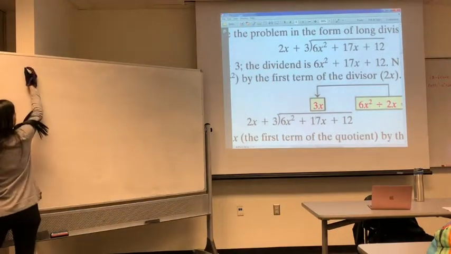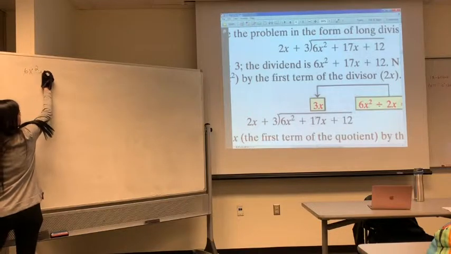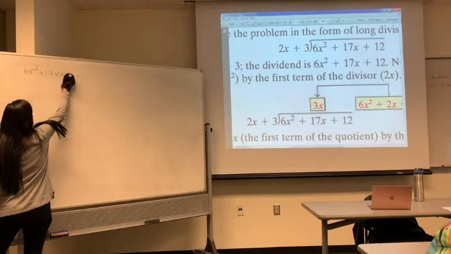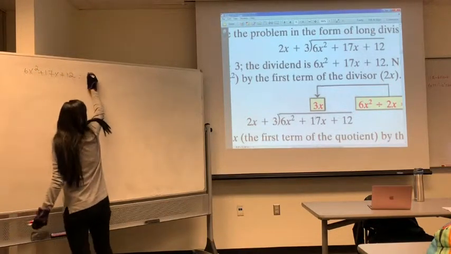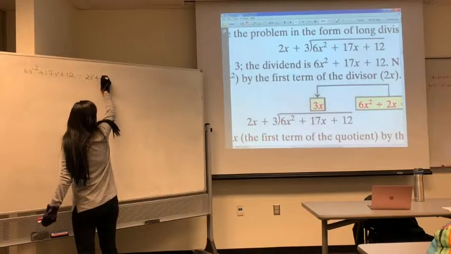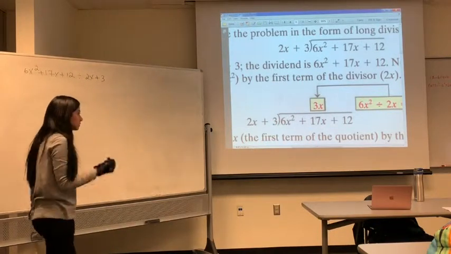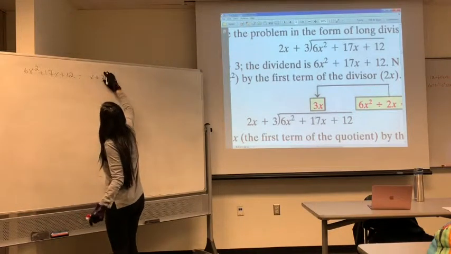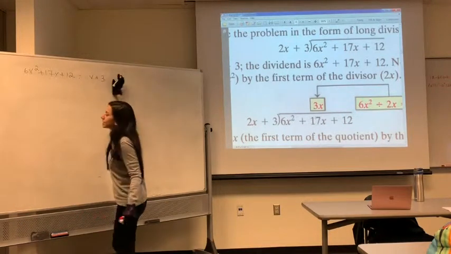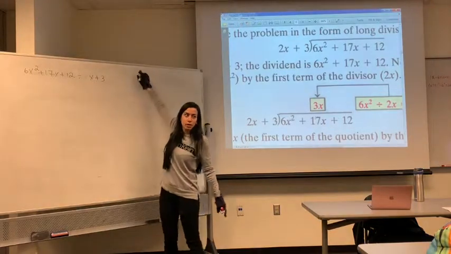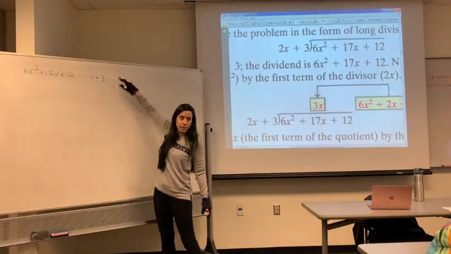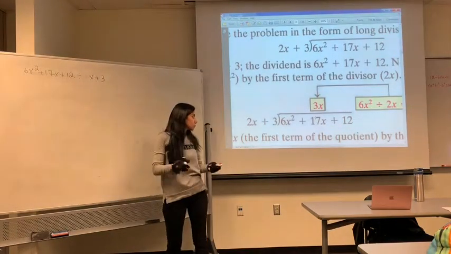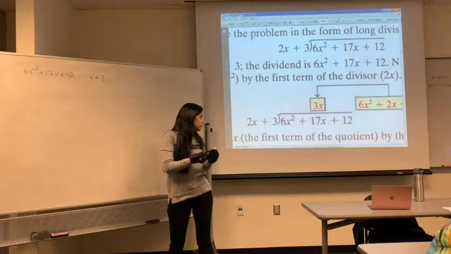So you have 6x power 2 plus 17x plus 12 divided by, the divisor is 2x plus 3. Actually, let's make it easier: x plus 3, just x plus 3. We are going to use this x plus 3, not this one.